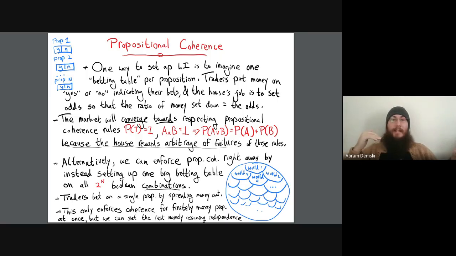But we're saying that the loss of the house is bounded over here. The house can't lose arbitrarily much money to the trader because that trader has a copy over here in the simulated market.